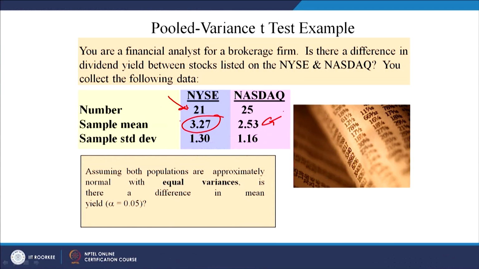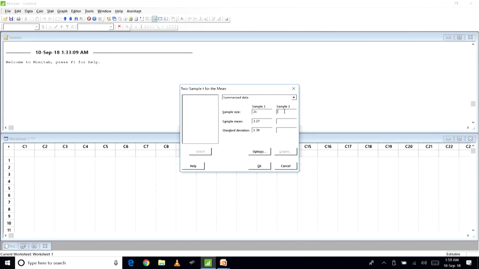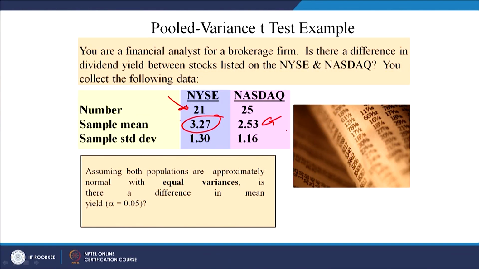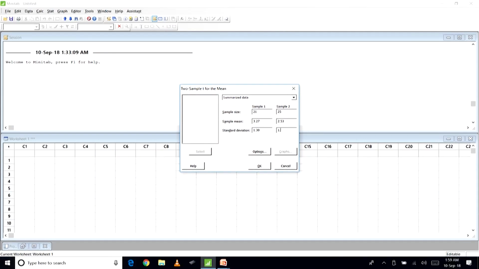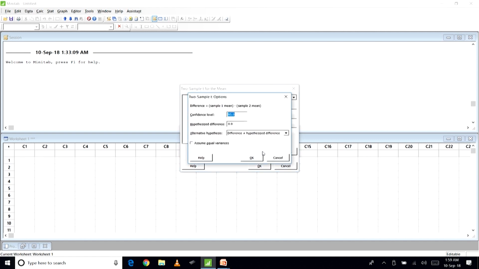The sample size here is 25, 2.53 is the sample mean and the standard deviation is, let us look at it, 1.16, right.